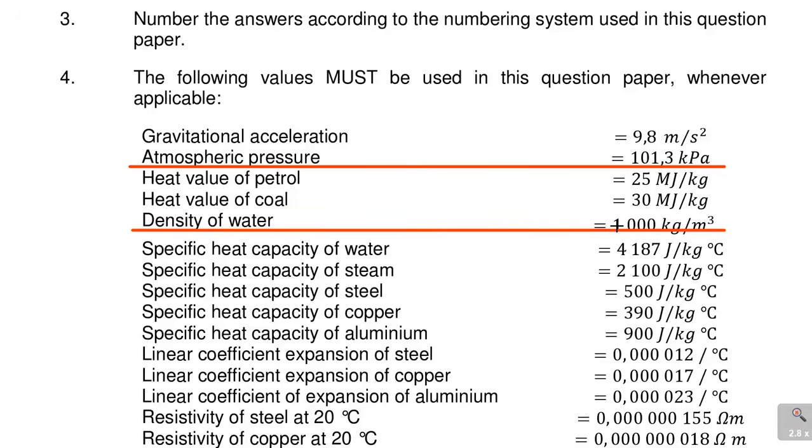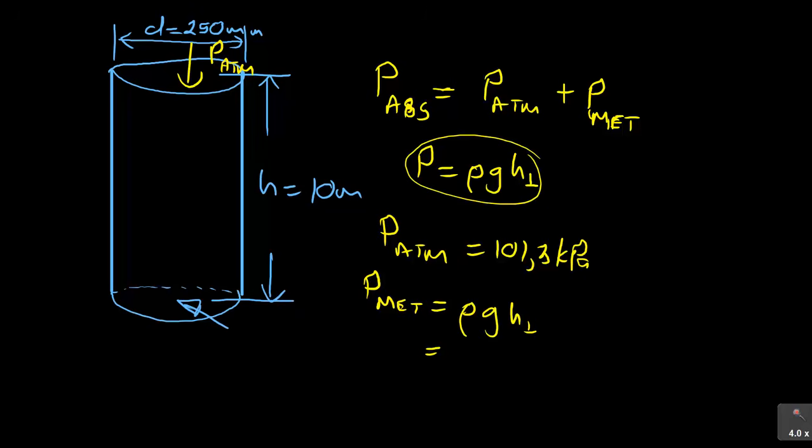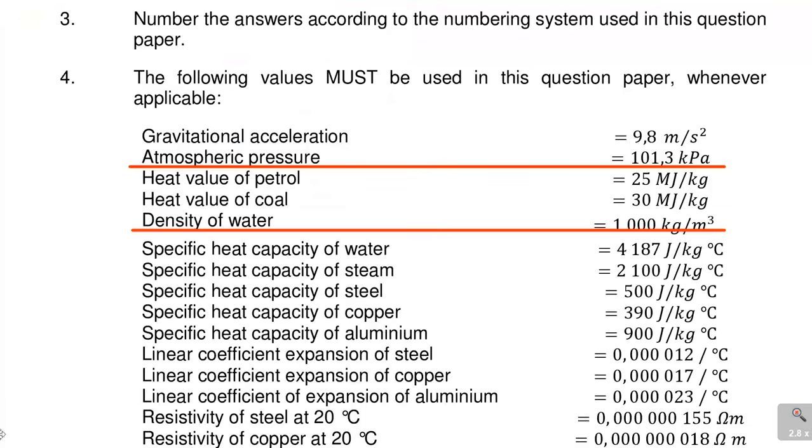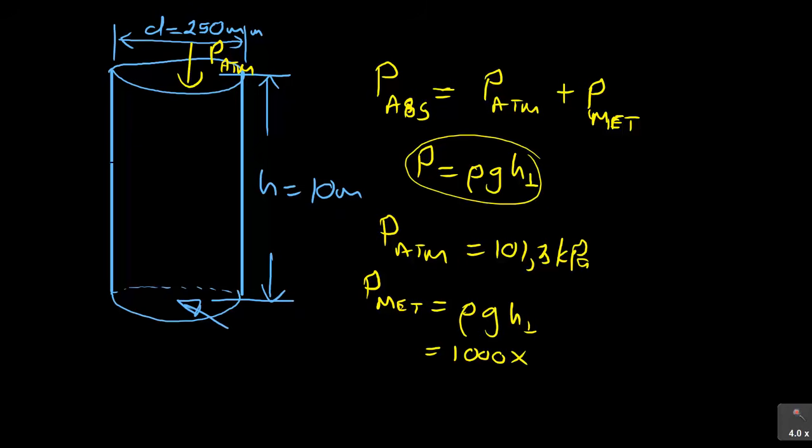So I have rho as 1000, and then times gravity, g. Again you use g from the formula sheet, acceleration due to gravity, which is 9.8. That's the one that we're going to use. And then times the perpendicular height, which is 10 meters.